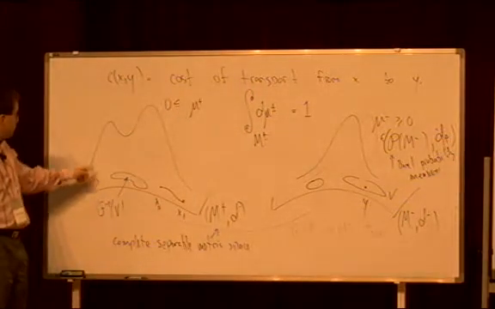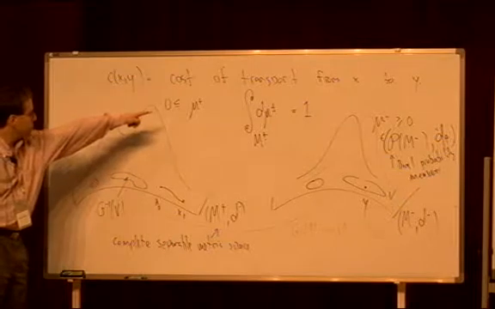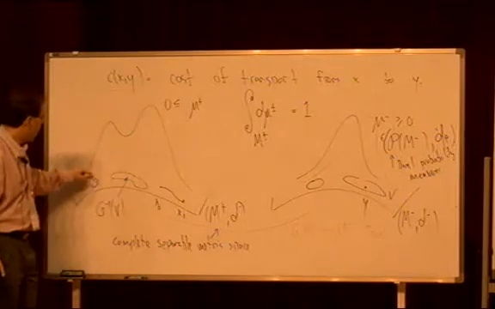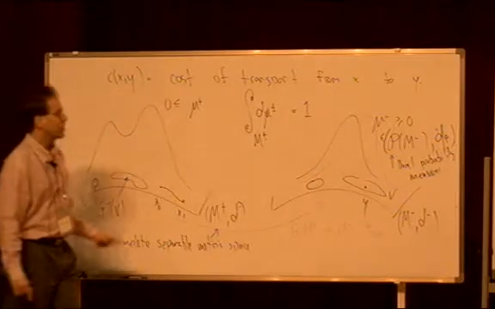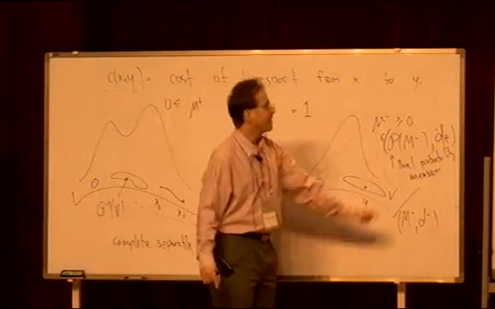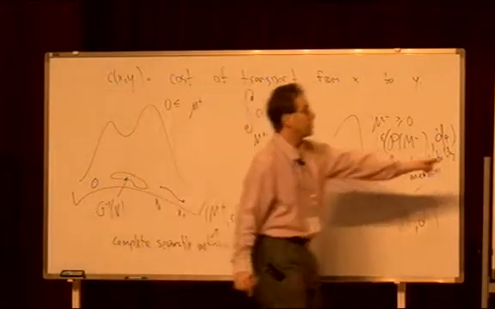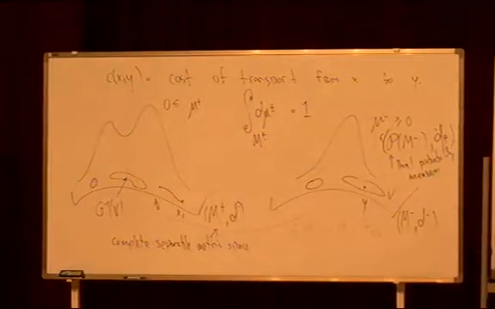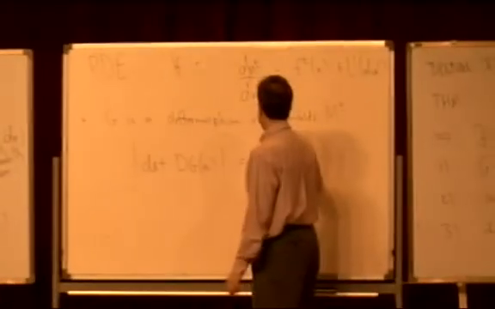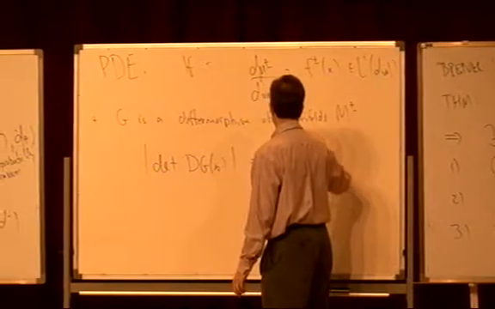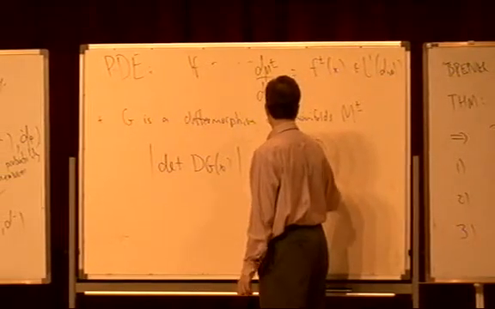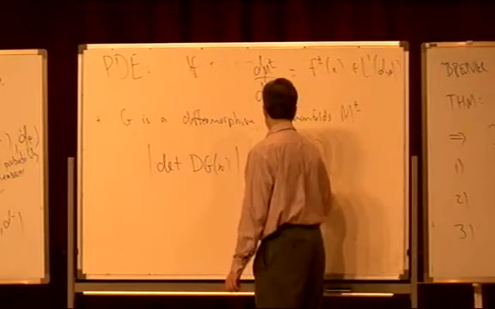And it's also supposed to be true that the integral of this black measure, which is to say has density f plus, over the small ball, should equal the integral of this red measure, which has density f minus, over the small ellipse. And so this ratio of the area of the ball to the ellipse should also tell me the ratio of the density f plus at x to the density of f minus at G of x.